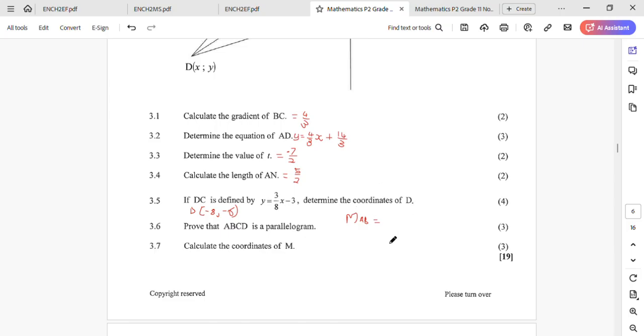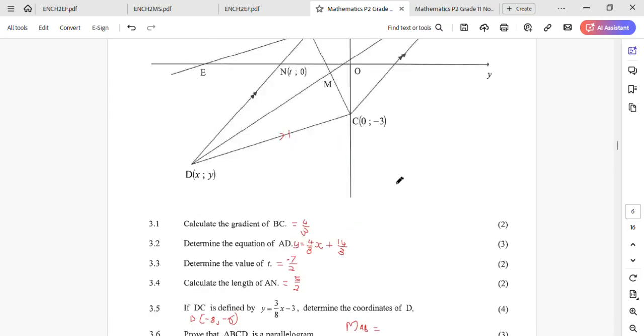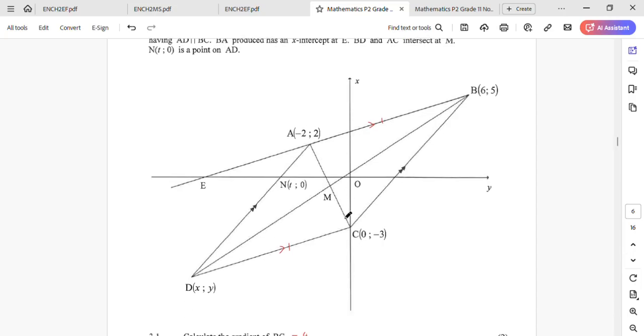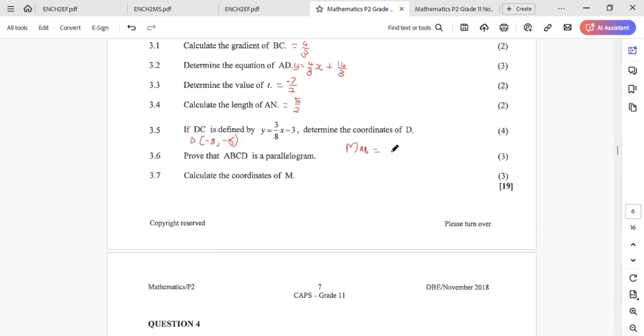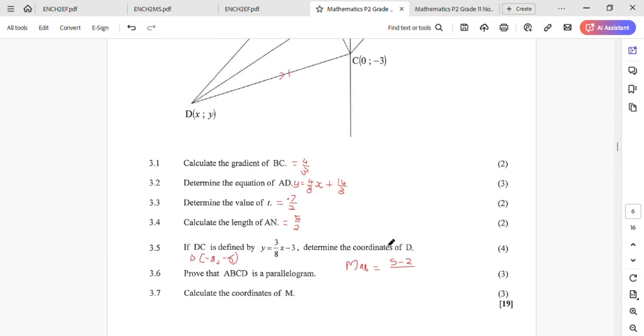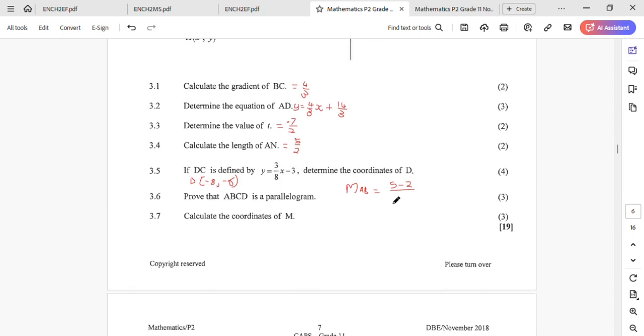So the formula is y2 minus y1 over x2 minus x1. So our y2 is 5, our y1 is 2. So it's going to be 5 minus 2 all over our x value is 6 minus minus 2, which is plus 2.